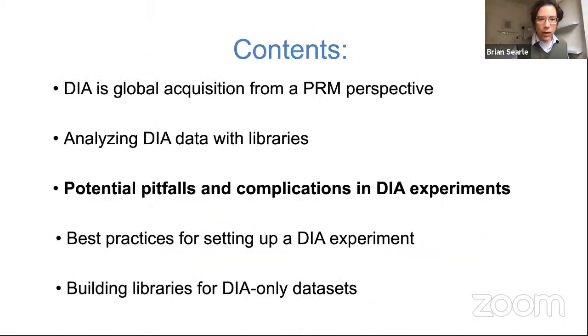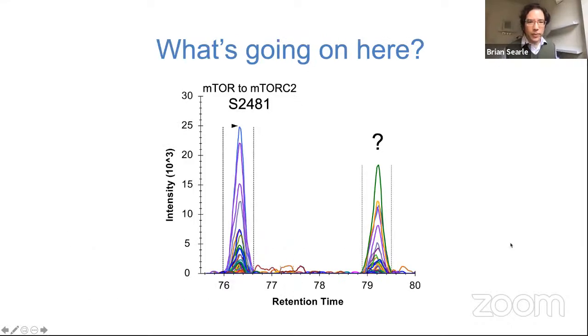Okay, so what are our potential pitfalls? I'm just going to go through this really quickly. One of those pitfalls is that oftentimes when we're looking at a particular peptide, we can see signal that corresponds to that peptide from multiple different sources.